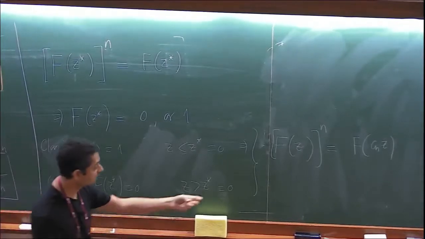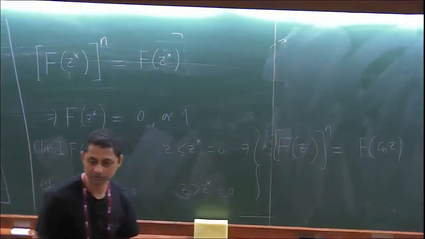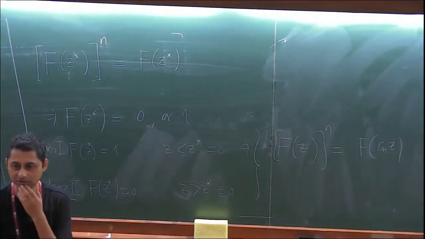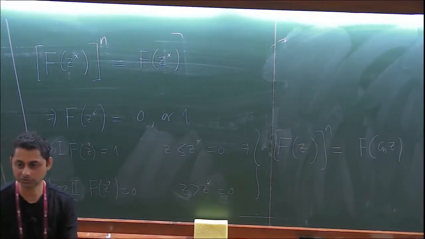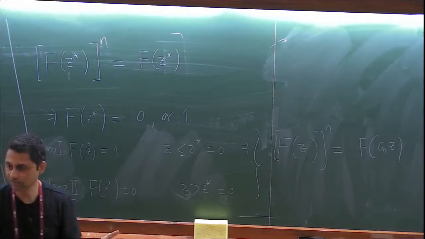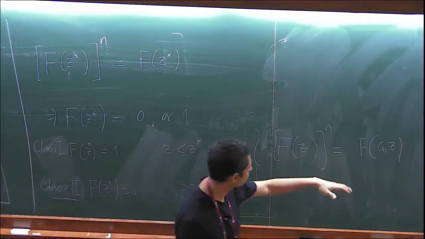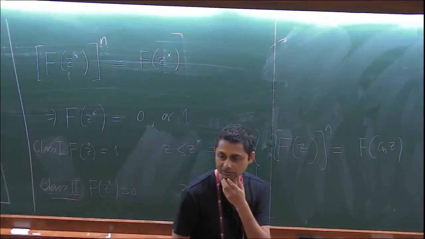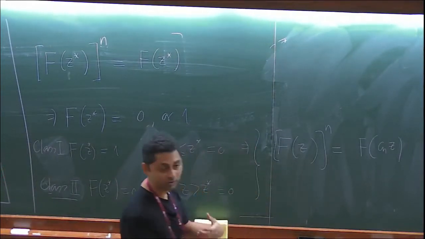It's the same equation, but two different boundary conditions, so these boundary conditions are important. You can solve the same diffusion equation with different boundary conditions, and you will get different solutions. Similarly, you can solve the same functional equation with different boundary conditions and get different solutions. So this will give me two classes.